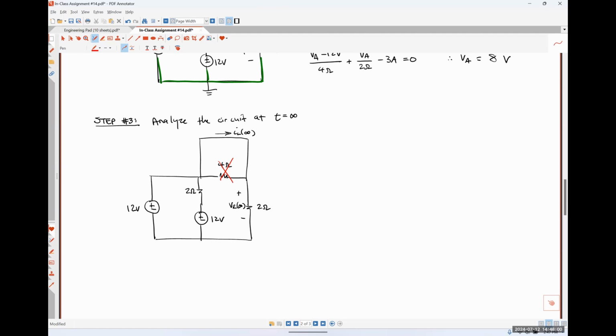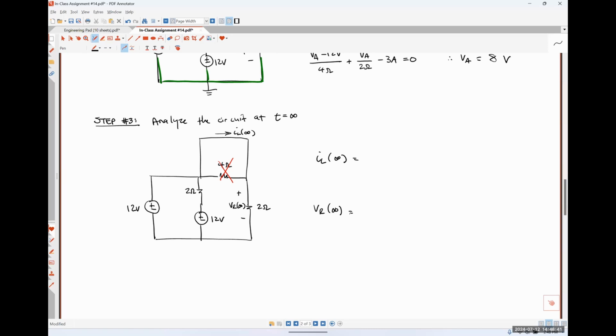So anybody have any thoughts on how we might solve for either IL at infinity or VR at infinity? Nodal.